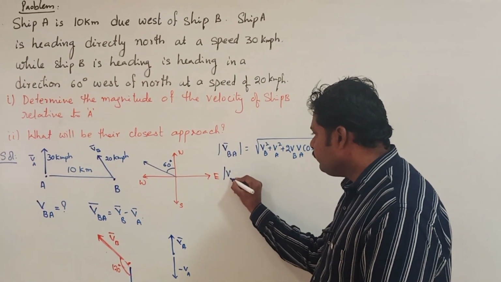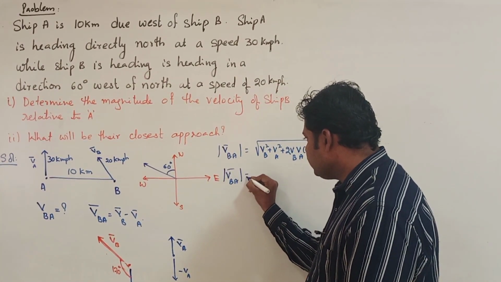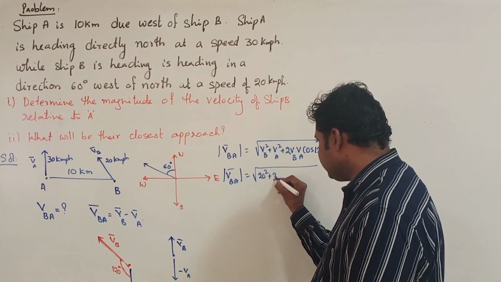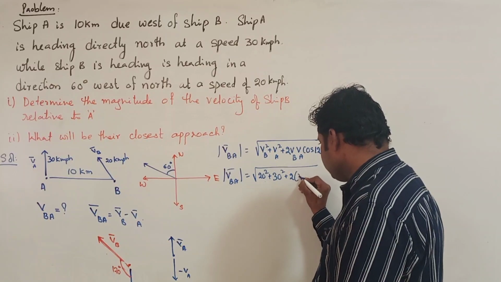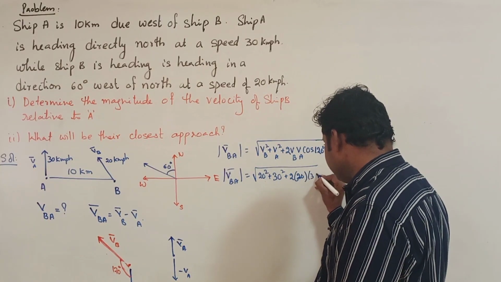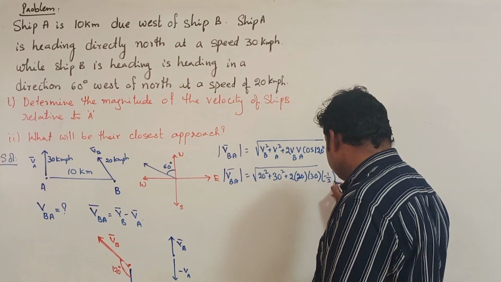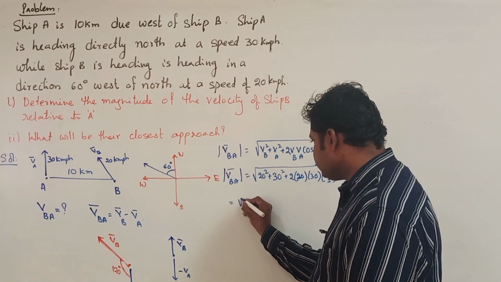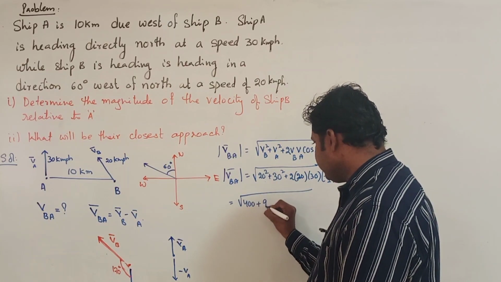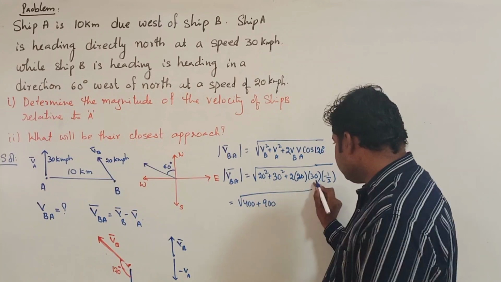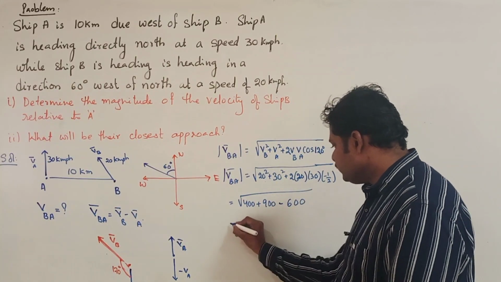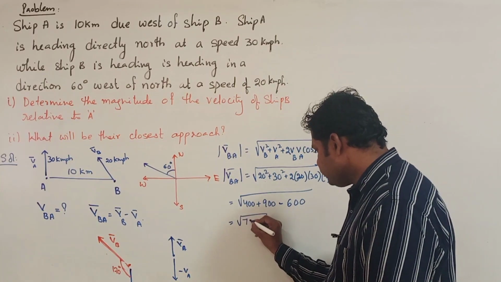So mod of VBA is equal to the square root of 20 square plus 30 square plus 2 into 20 into 30 into minus 1 by 2, which is 400 plus 900 minus 600, which is 700.